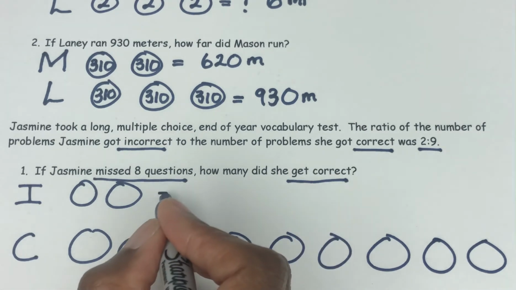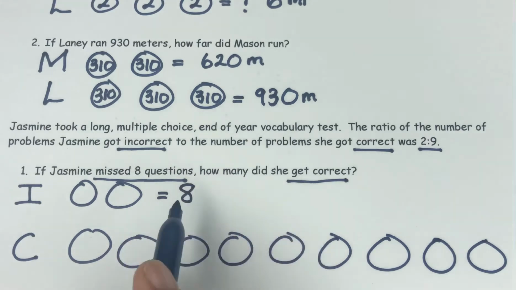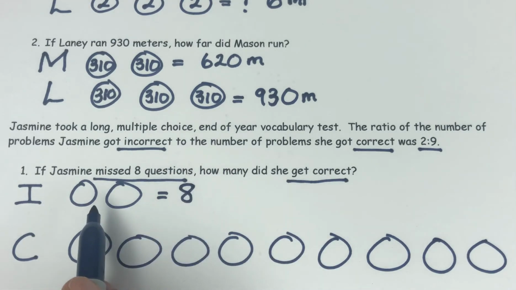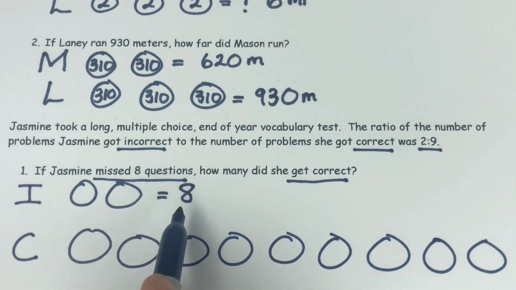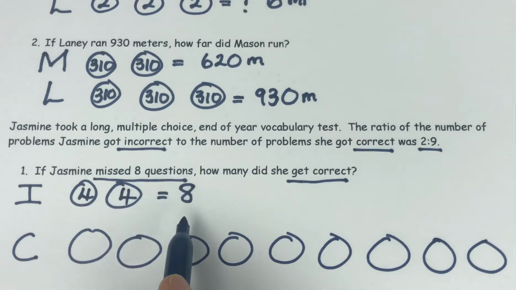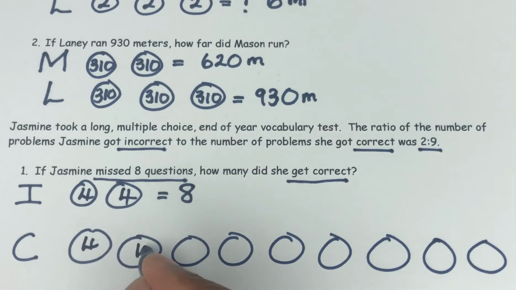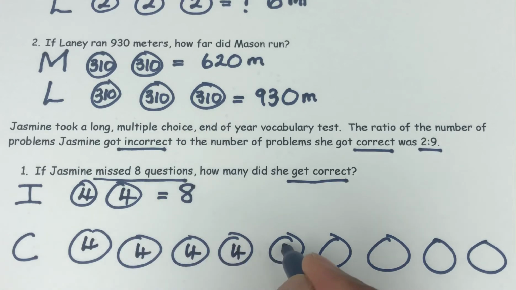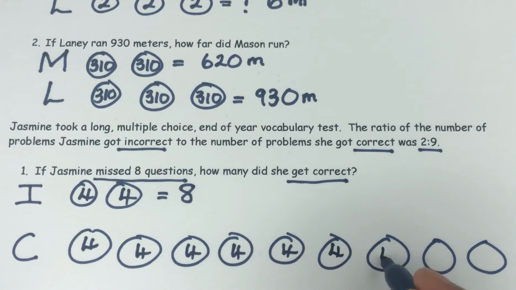So if she missed 8 questions, that means the 8 has to go on the incorrect here, doesn't it? Right? So then now 8 divided by 2, or what two numbers added together, the same two numbers added together make 8. So that will be 4, right? So 4 plus 4 is 8. That means everything gets a 4. You get a 4, you get a 4. Everything gets a 4, right?